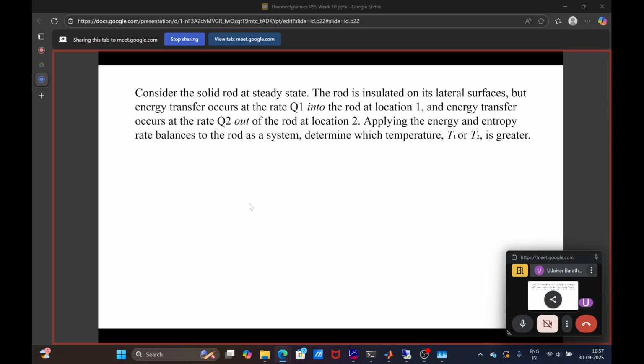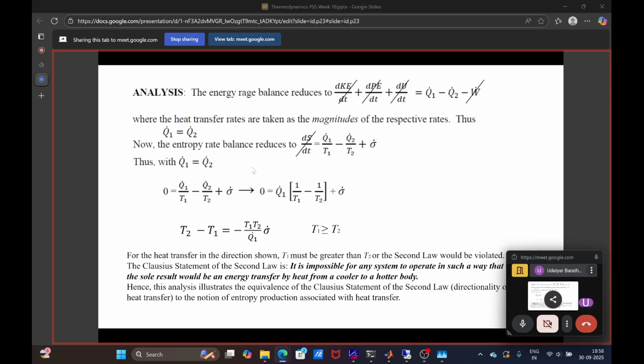We need to apply energy and entropy balances on the system and say which is greater, temperature T1 or T2. Normally, from our physical experience, we know that heat always flows from a higher temperature to a lower temperature. That's what we have to prove here, using the equations.